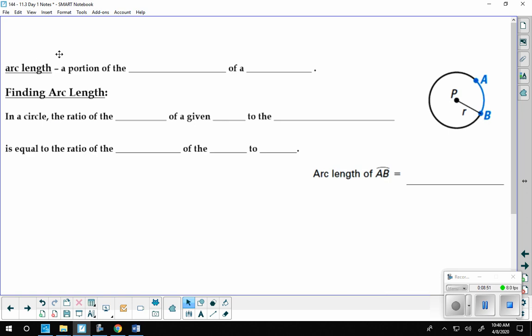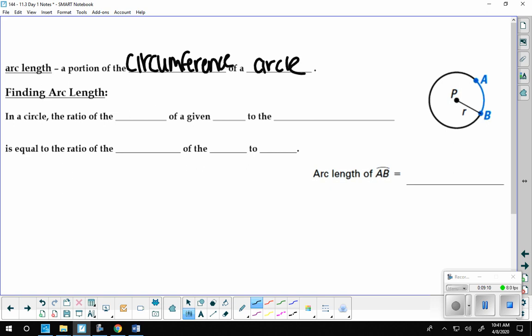Okay, so here's the last blank on the front of your page. So if you flip to the front of your notes, arc length is a portion of the circumference of a circle. So how do we find the arc length?